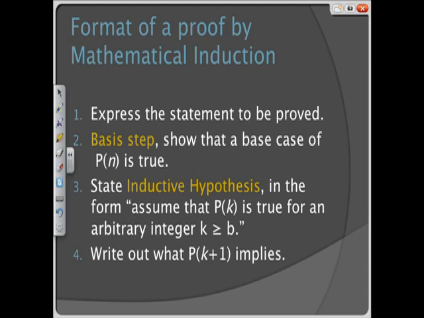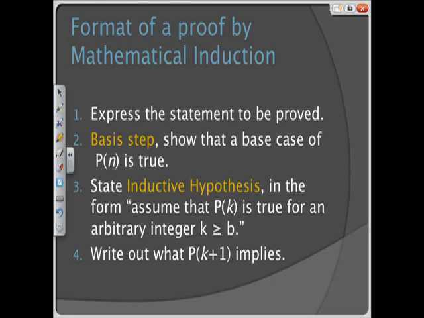So the format for a mathematically inductive proof is to first express the statement to be proved. Next, you're going to want to state the basis step and show that the base case P of n naught is true. Next, state the inductive hypothesis in the form: assume that P of k is true for any arbitrary integer k greater than or equal to b.